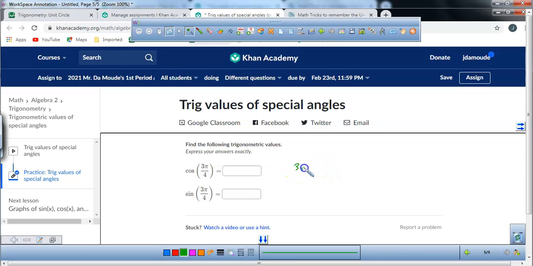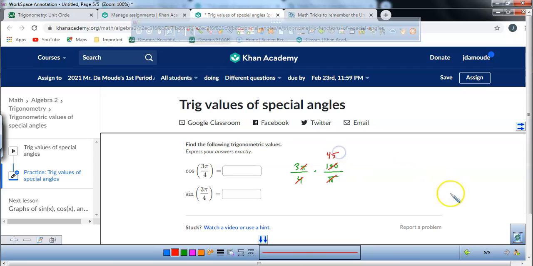You would take 3 pi over 4. You would multiply it by 180 over pi. All right. Now what happens when you do this? You're converting it to degrees. These pi's cancel out, and 4 goes into 180 45 times.